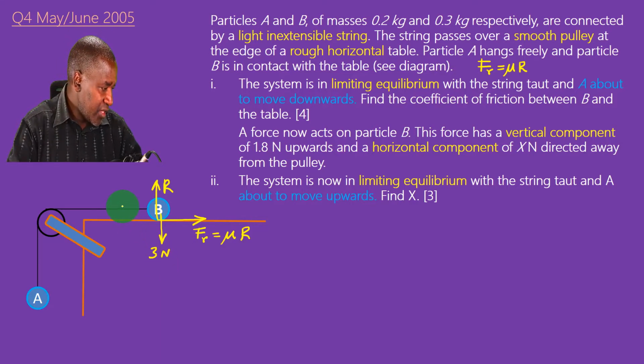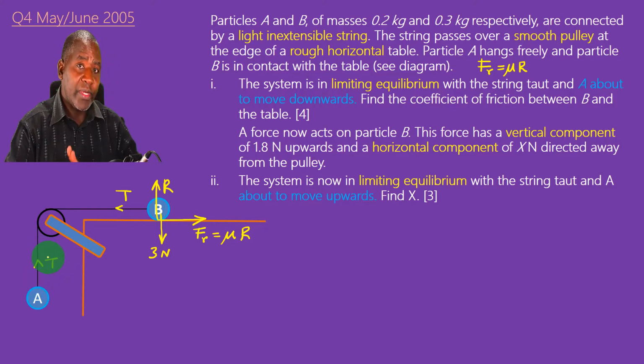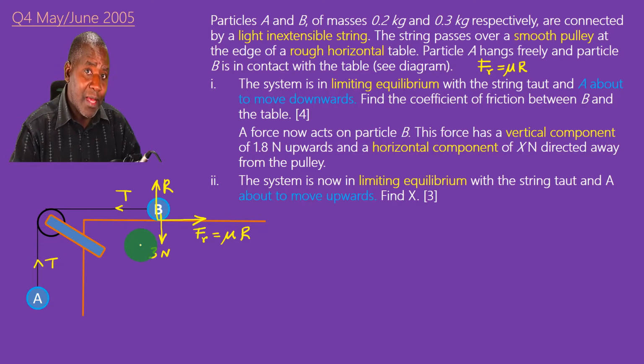This string tends to pull B to the right with the tension T, while the same string tends to lift A upwards with the same value of the tension. Again, when it comes to strings, we use two arrows which point towards each other, and the magnitude of the tension is the same. Notice that they are literally pointing towards each other.